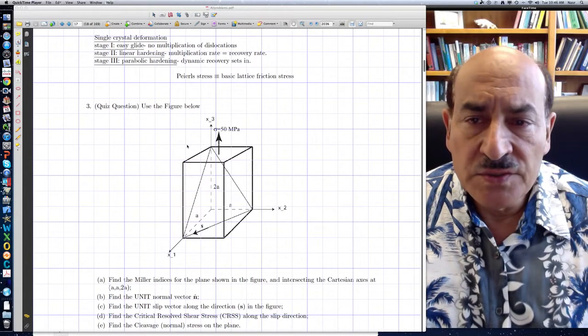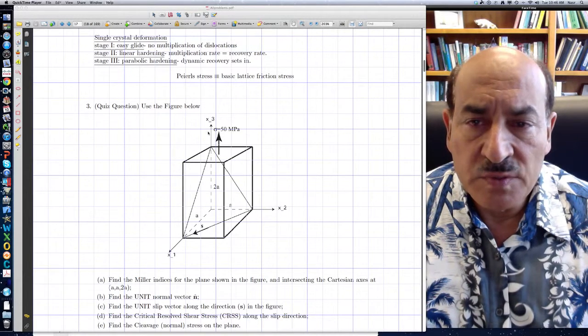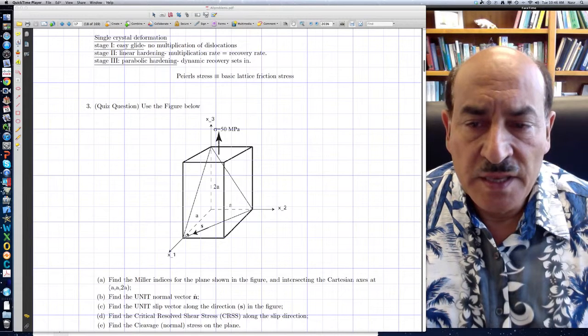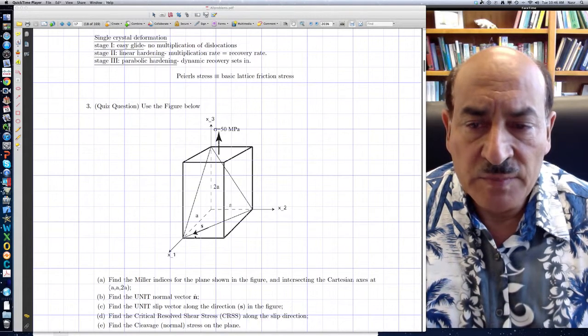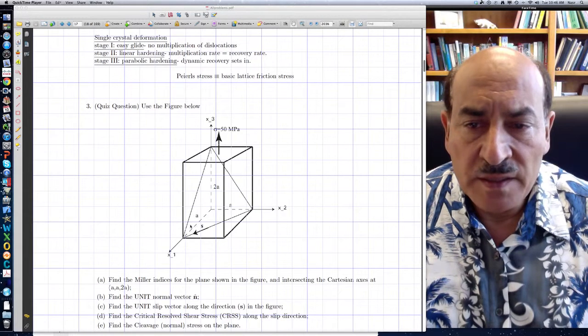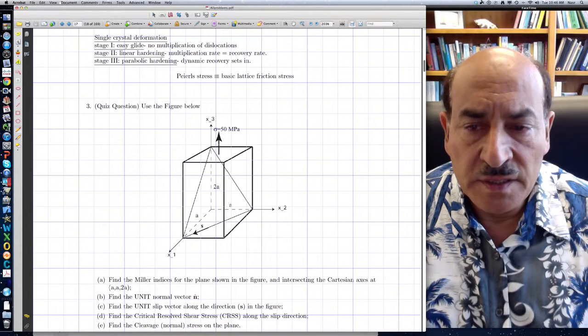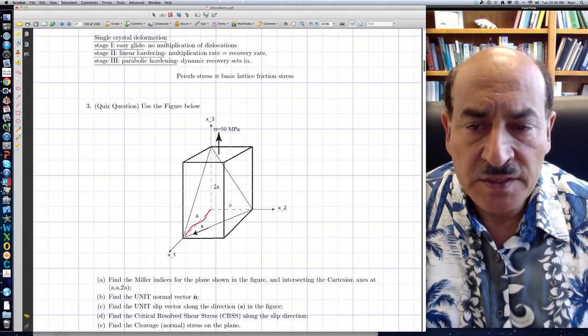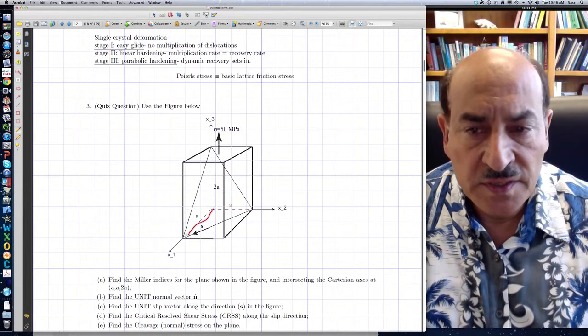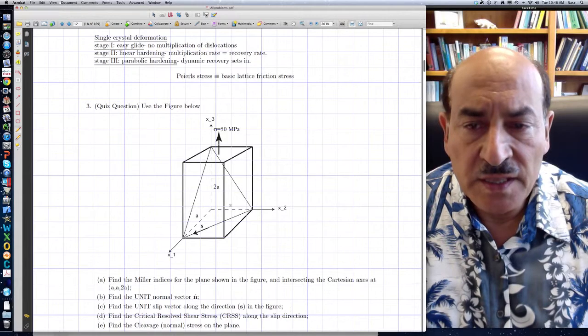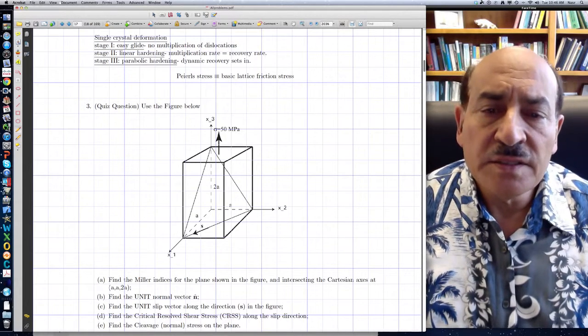So what I wanted to say is that this problem was on a quiz, and in this problem I have a plane, and the plane, as you can see, is actually cutting the crystal at distance a from the origin along the x direction, and the distance a also from the origin along the y direction, and then 2a along the z direction.